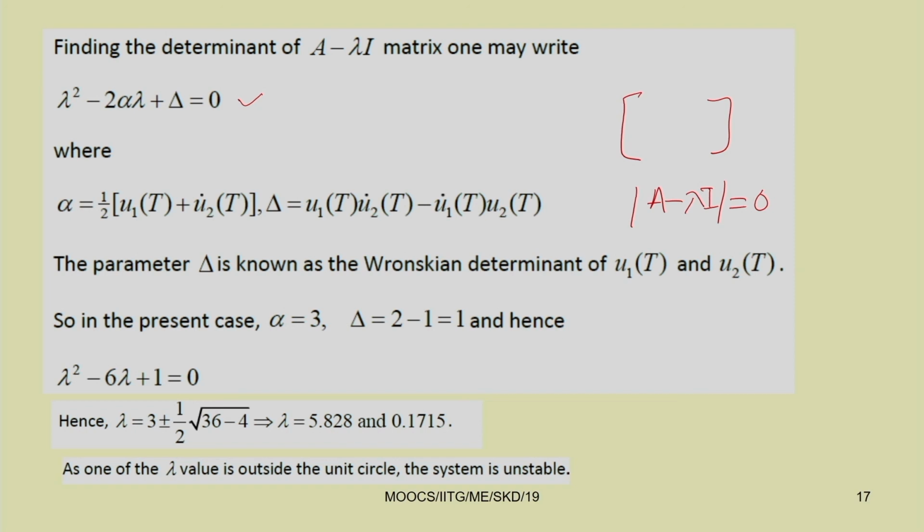You just see that as one of the values, 5.828, is outside the unit circle, the system is unstable. So, you have seen the system is unstable as one value of lambda is outside the unit circle.